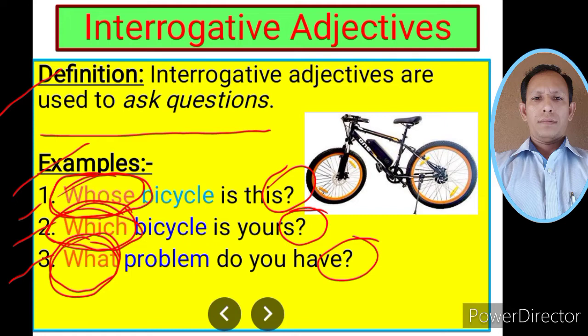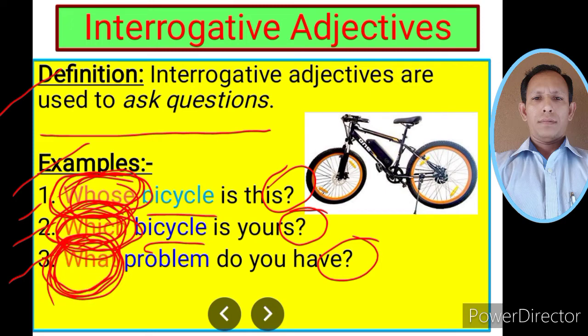And my dear students, the words whose, which and what are used as adjectives in the three sentences. Why? See, they are telling something about the nouns. Whose bicycle? The word whose is telling something about the noun bicycle. Which bicycle? The word which is also telling something about the noun bicycle. And what problem?